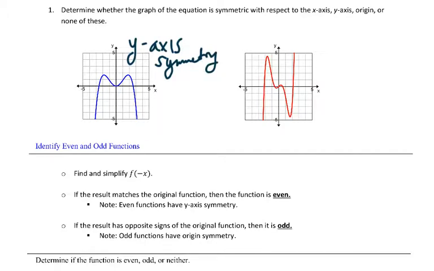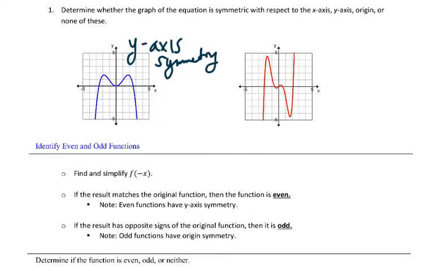This graph in red, if I were to reflect it over the y-axis, it would not match up. But then if I were to again reflect it over the x-axis, it would end up matching up. So it has that symmetry where if you reflect it over both the x and then the y, it will not change the original graph.